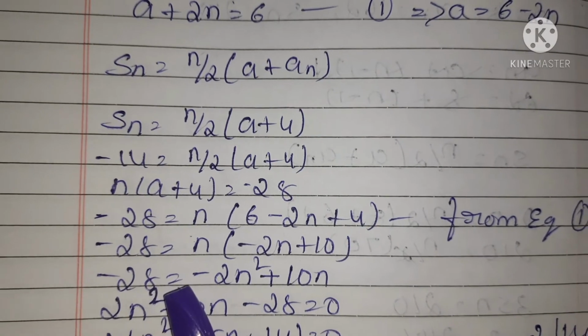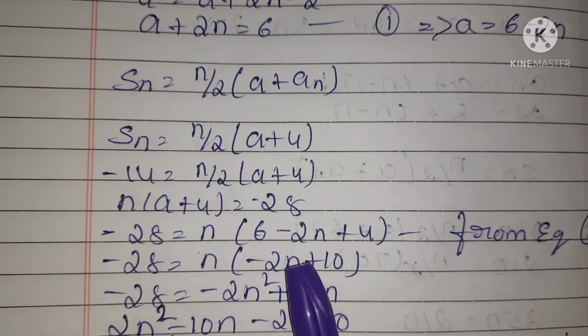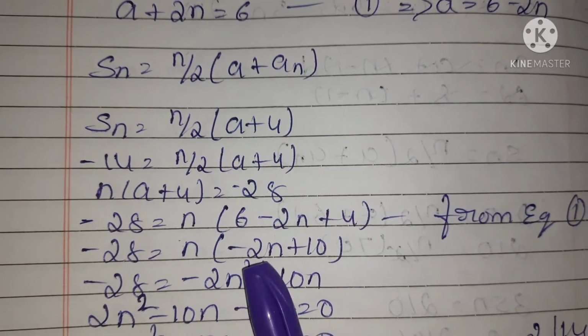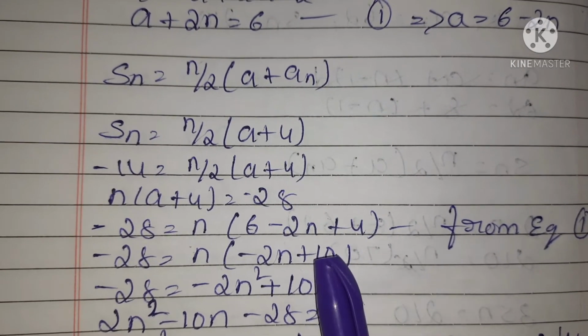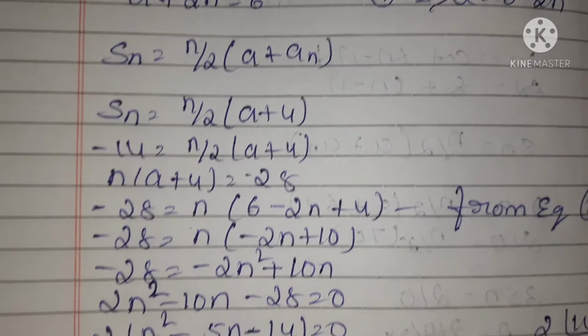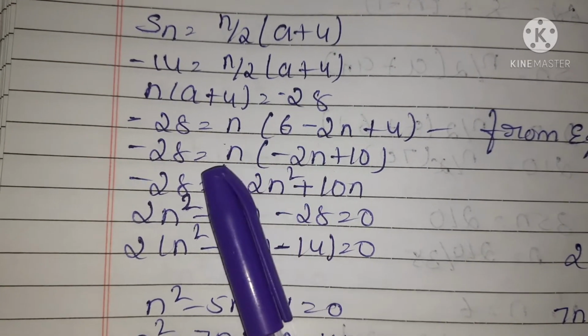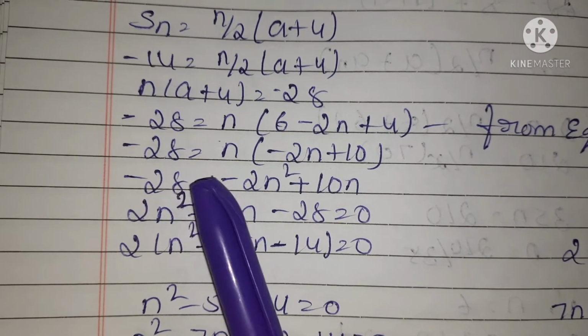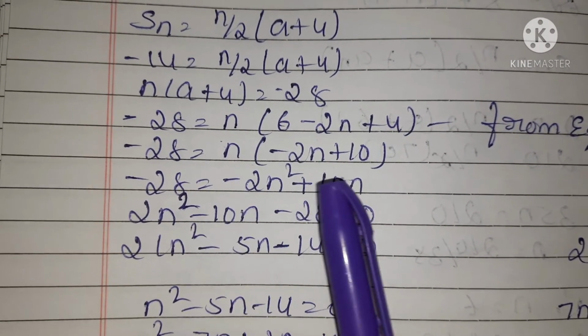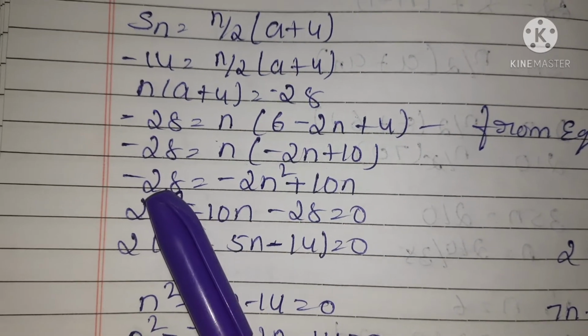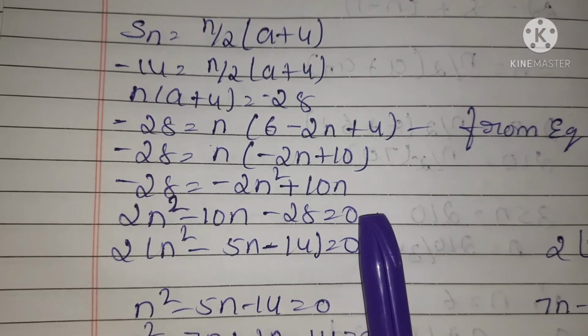Minus 28 is equal to N into minus 2N is minus 2N square, plus 10 into N is 10N. Now minus 2N square comes to this side, it will be plus 2N square. Here plus 10N comes to this side, minus 10N. Minus 28 is equal to 0.